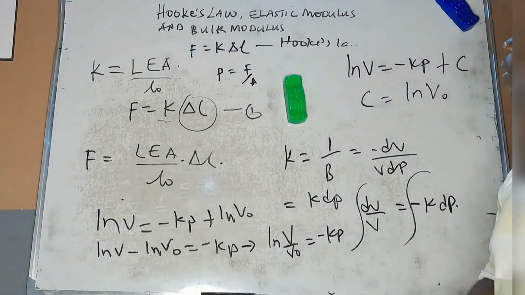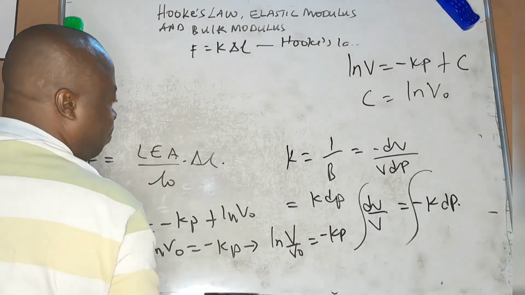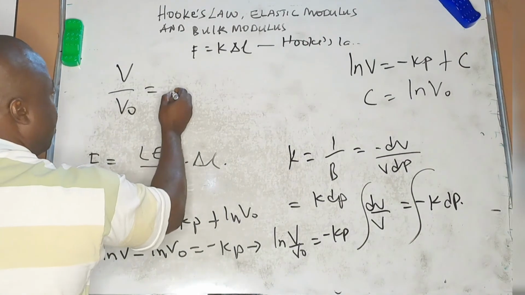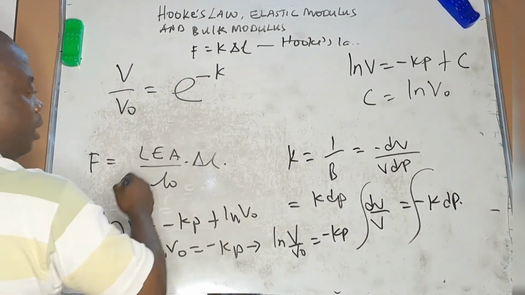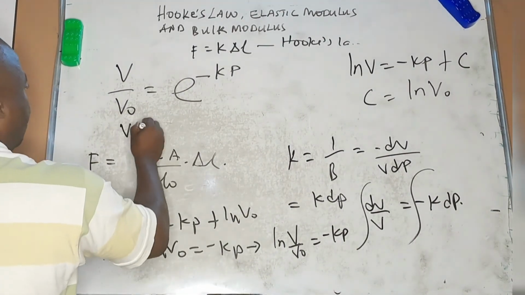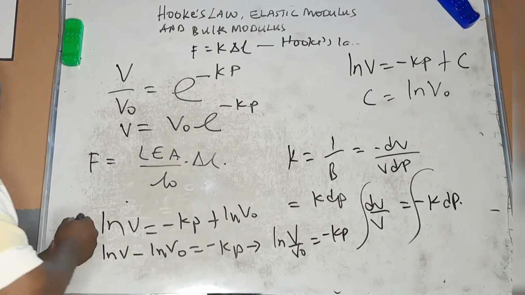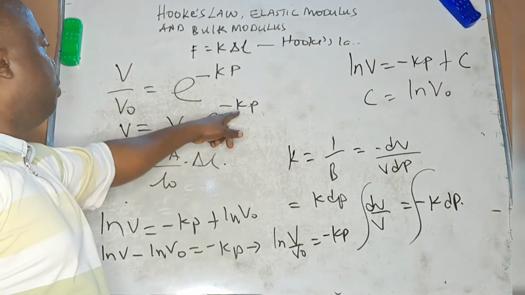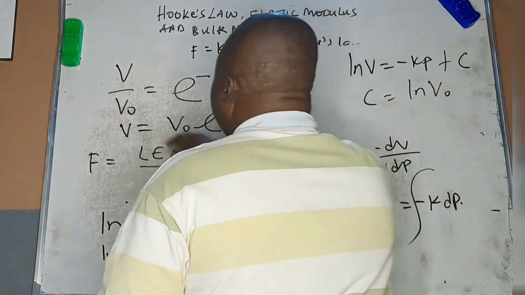So we finally have V over V naught equals the exponential of minus Kp. So V becomes V naught e to the minus Kp. So you see, V decreases with the product of compressibility and pressure.